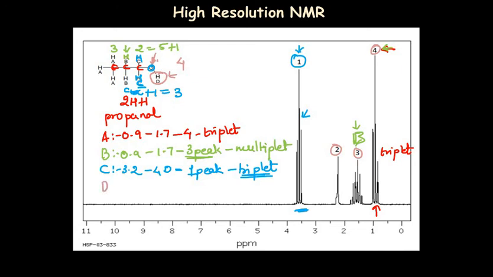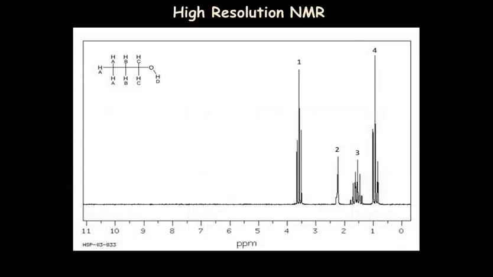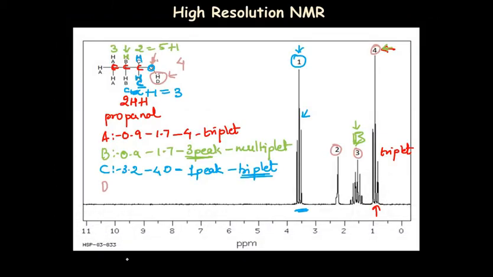So let's see what kind of peak the hydrogen of an alcohol produces. Now here we can say that the hydrogen of the alcohol should produce a peak in the range of 0.5 to 6 ppm, a very big range. So the hydrogen of the alcohol can be produced in any part of this range.